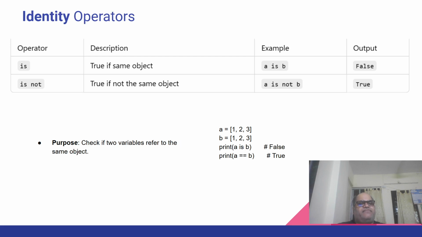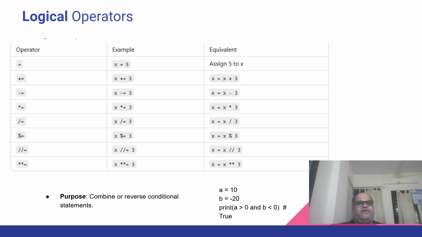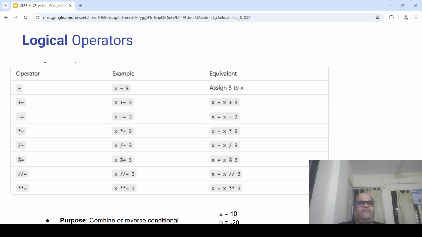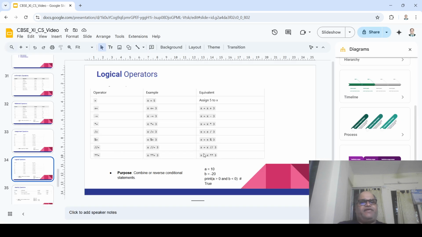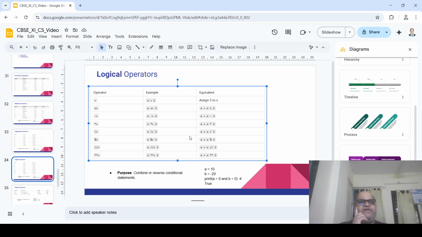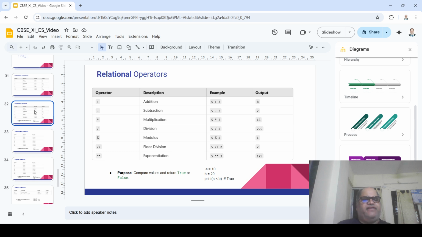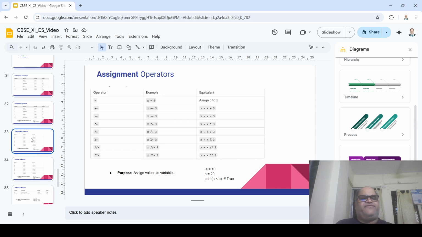On membership, that is through is and is not. Just hold on. Give us a minute. What we'll be doing is updating our slides with correct detail. So the relational operator is fine.